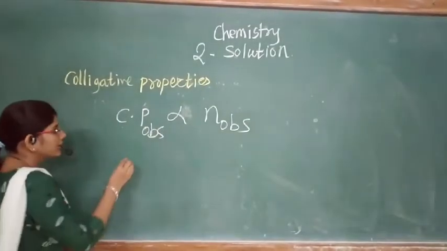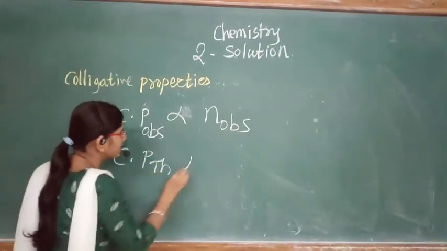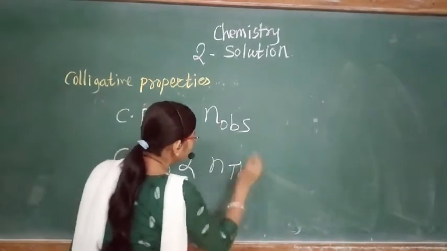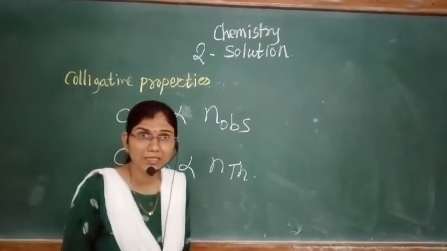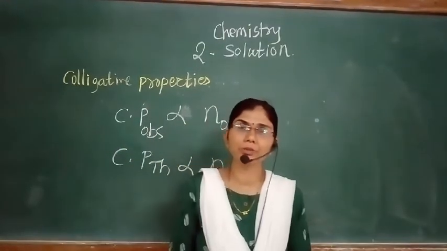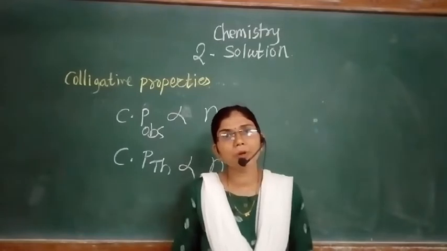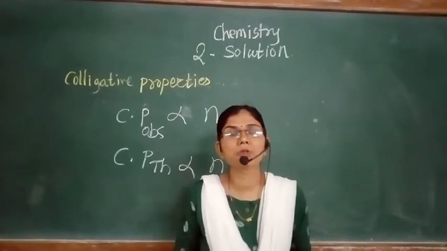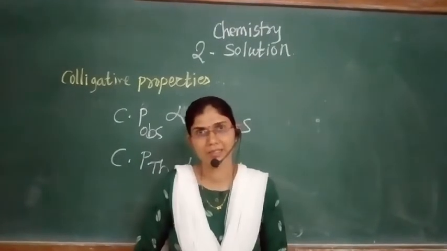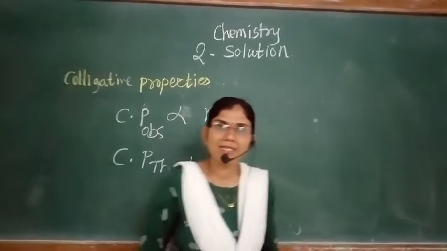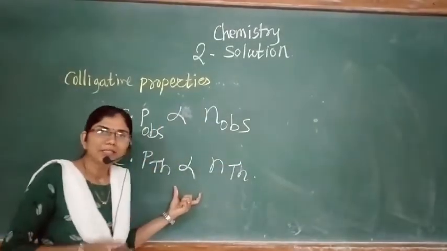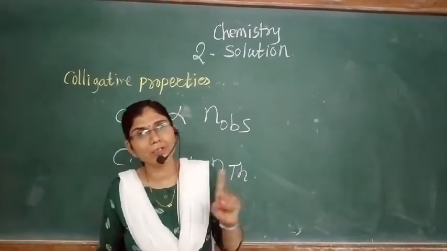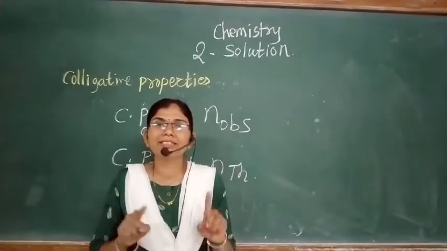For a non-electrolyte we call it Cp theoretical, which is also directly proportional to n theoretical, because from the definition, colligative properties are the properties of a solution which depend on the number of solute particles. For a non-electrolyte, the number of solute particles does not change, and therefore the colligative property of the solution remains constant.